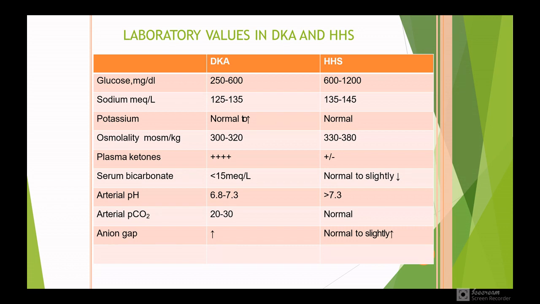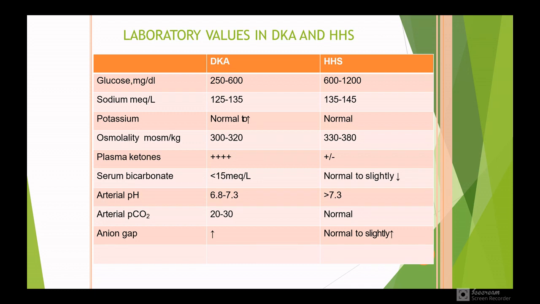And the main difference is here, plasma ketones. In DKA it will be more, but in HHS it will be slightly present or sometimes absent. Bicarbonate in DKA is less than 15 mEq per L, and in HHS it is slightly on the lower side.